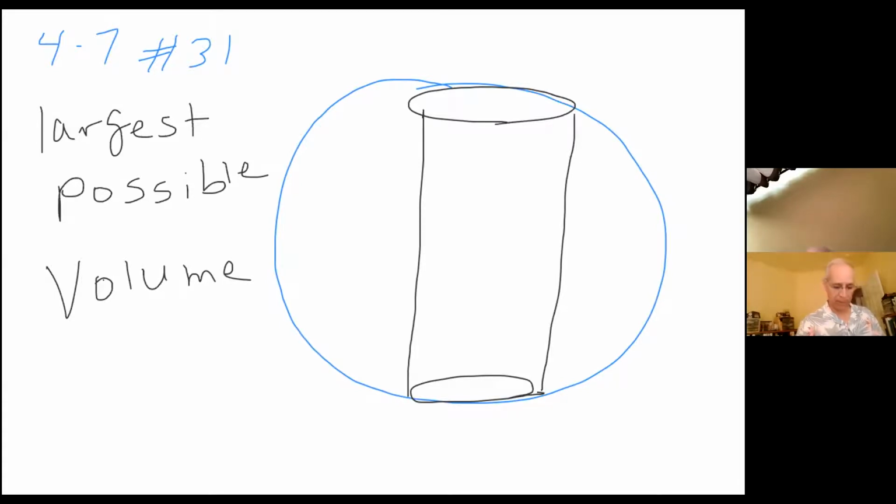And so let's see what we can get to help us here. We know that this sphere has a center somewhere here, and no matter where you have this cylinder, you can have a right triangle.